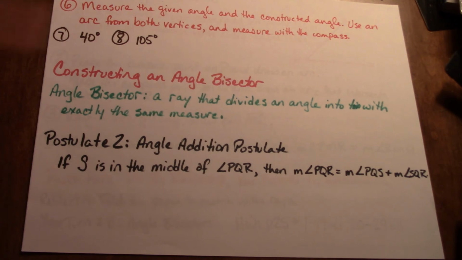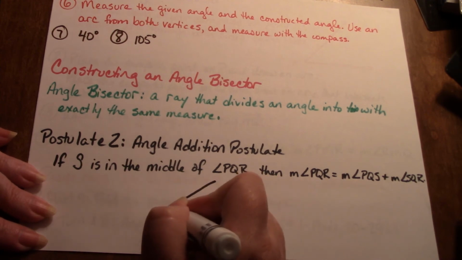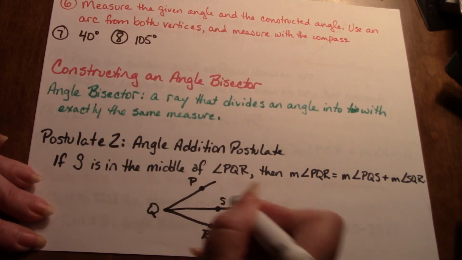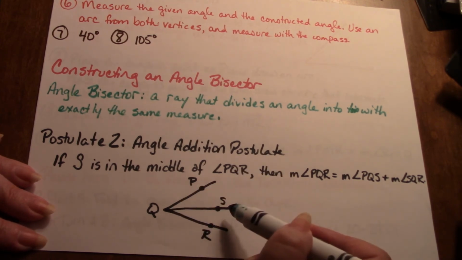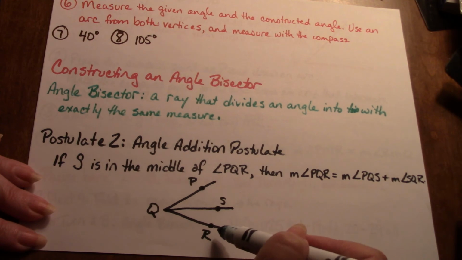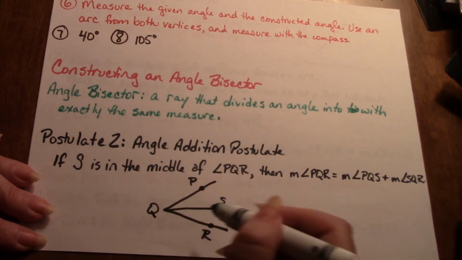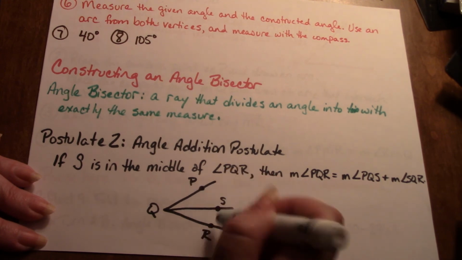If S is in the middle of angle PQR, then the measure of PQS plus the measure of SQR equals the measure of PQR. So it's just like this line plus this line equals the whole line. This angle plus this angle equals the whole angle.